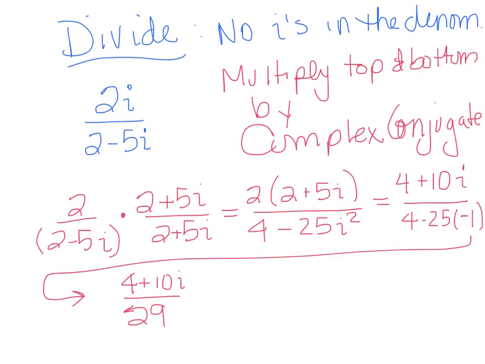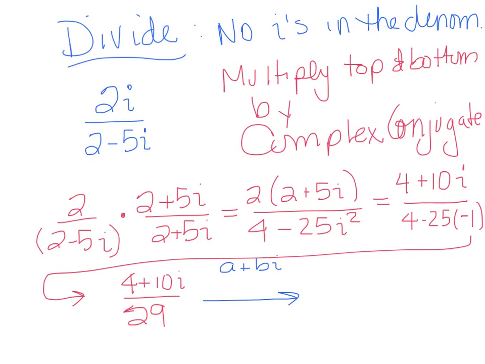But you have to ask yourself, is this in standard form for a complex number? And the answer is no. Because remember, that was supposed to look like a plus bi. But right now I've got this all over something. Now, a can be a fraction, and b can be a separate fraction, but they're separate numbers. So, what do you have to do?